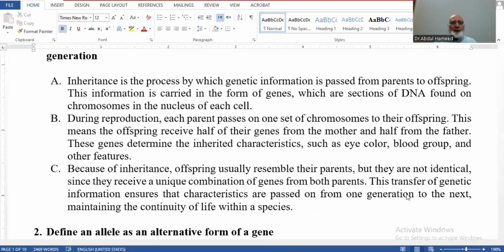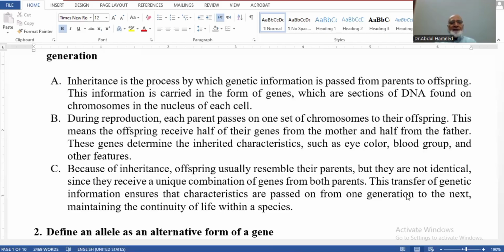It is our common observation that although the babies of humans are human, they are not exactly like their parents. They have some variations. So this is the contradiction. In case of inheritance, in case of genetics, we deal with the fact that humans' offspring are humans, but they are different from their parents.